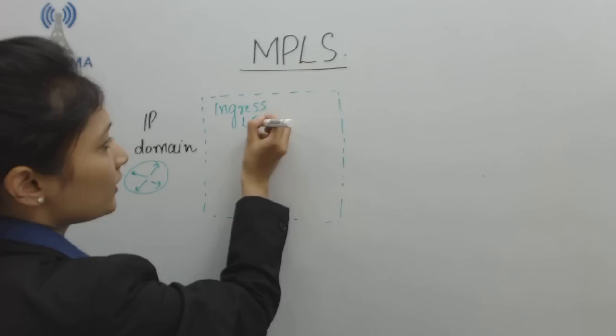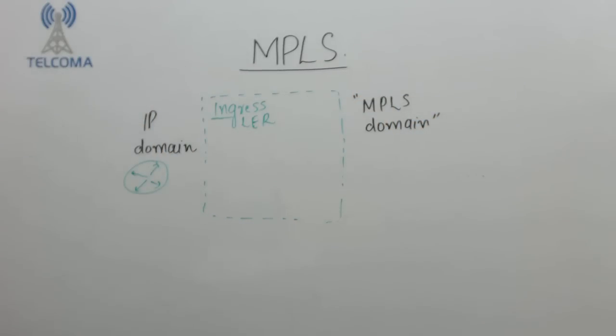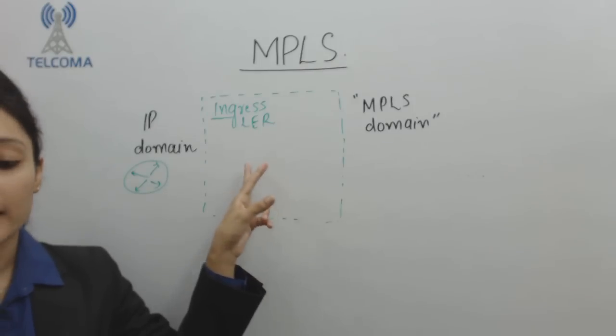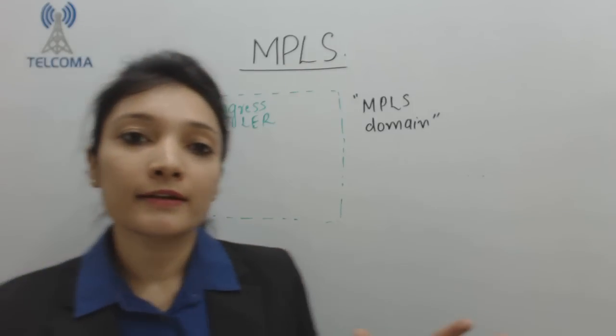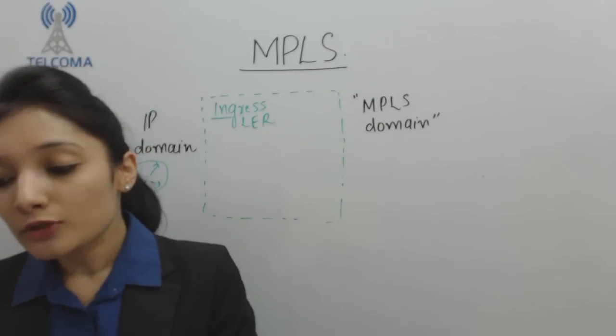Then after that you will have your MPLS domain here. A packet arrives from the IP domain at the ingress LER. It will have an IP header, coming from L3, your layer 3 network layer. So what will happen?